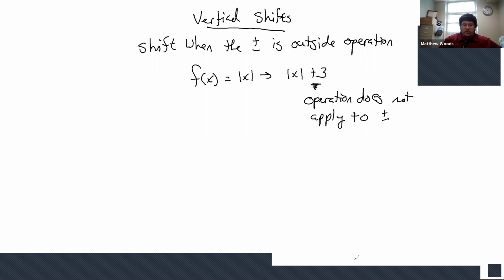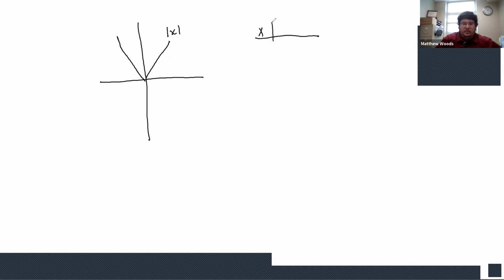So which way does this shift? Well, remember, we've got our absolute value function. Let me see if I can draw that a slightly bit better. That'll do. And we're doing absolute value of x plus 3.